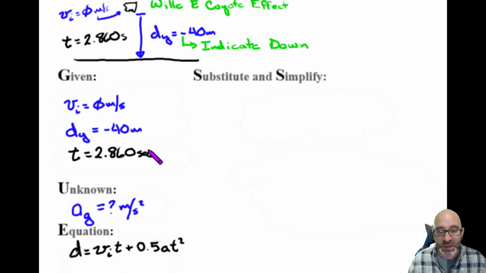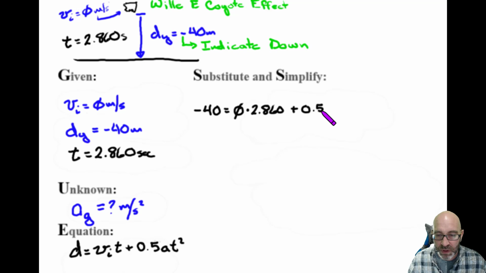If I go to replace numbers for letters, my displacement is negative 40, and that equals my velocity initial is 0 times my time, which is 2.860, plus 0.5. I don't know what acceleration is, but I do know time, and that is 2.860, and I have to square it.